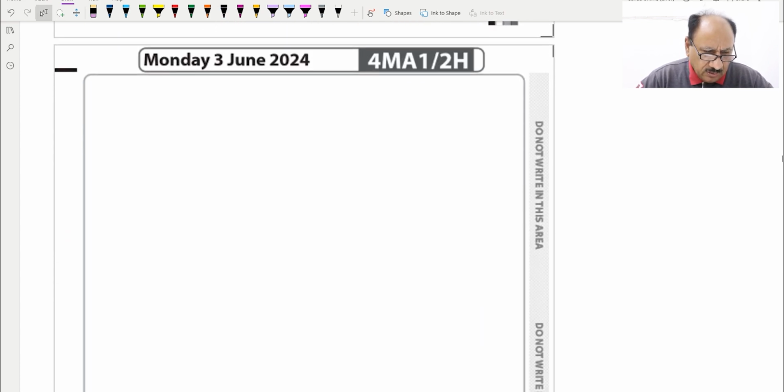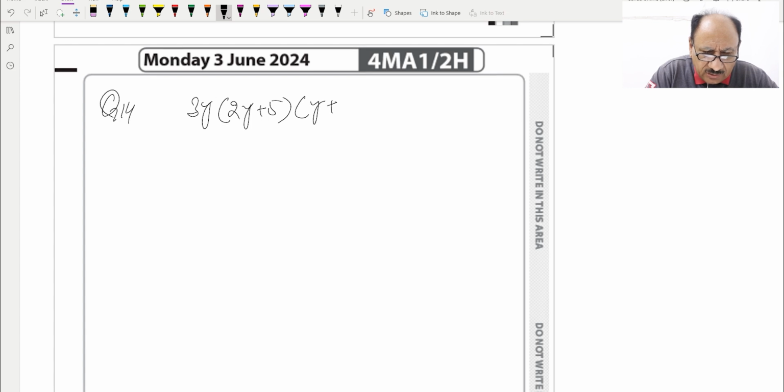Now question number 14, which is saying show that 3y(2y + 5)(y + 7) can be written in the form ay cube plus by square plus cy. In this format we have to write, where a, b, c are integers.